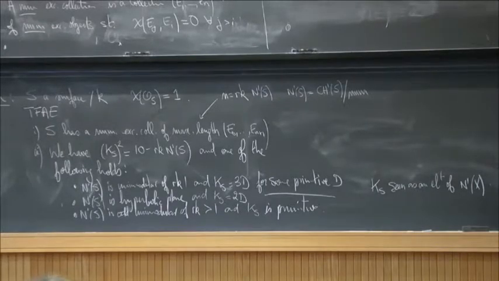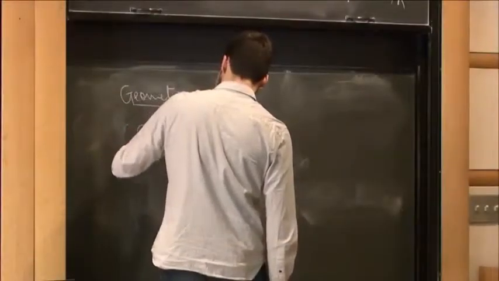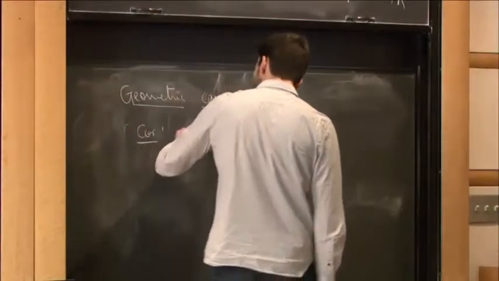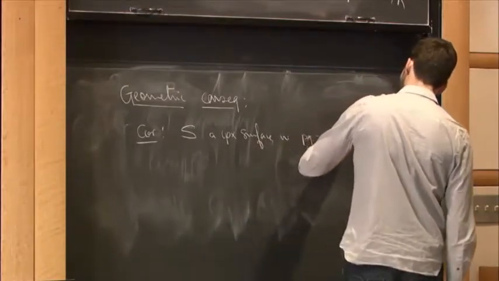For example, if you take the Barlow surface over C, it will have one. Okay, let me give the geometric consequence. So now I take S, let's say a complex surface with p_g equals q equals 0.